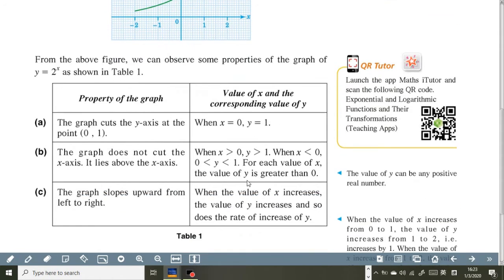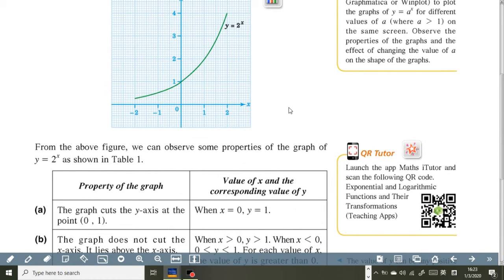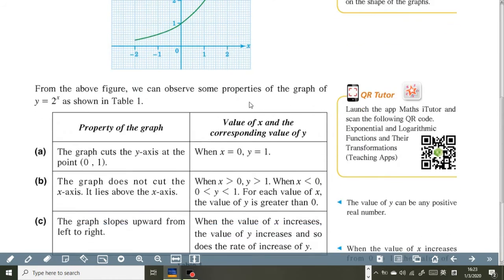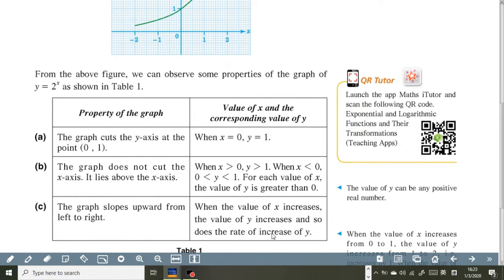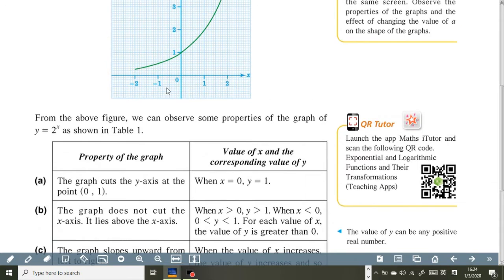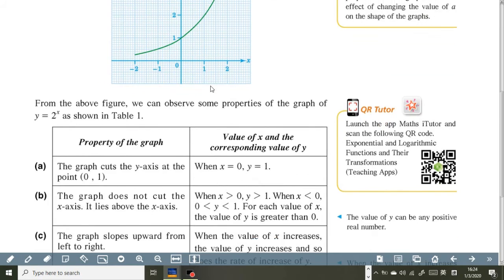So we describe this: when the value of x increases, the value of y increases. And also the rate of increase of y is also increased. The rate here is like this, and from 0 to 2 you increase like this, so the rate is increased also.